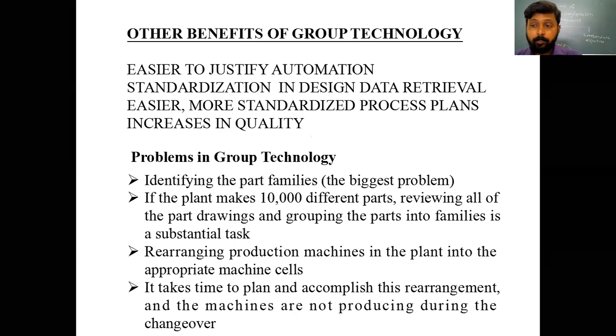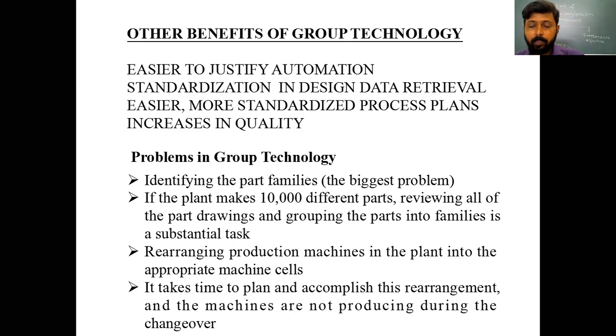Other benefits: it is easier to justify automation. These are secondary benefits. Now, what is automation and why is it required? Automation increases the efficiency of the plant. Though it has a high initial cost, if you make your shop floor or industry automated, your production will increase, your product quality will increase, and there are other advantages.